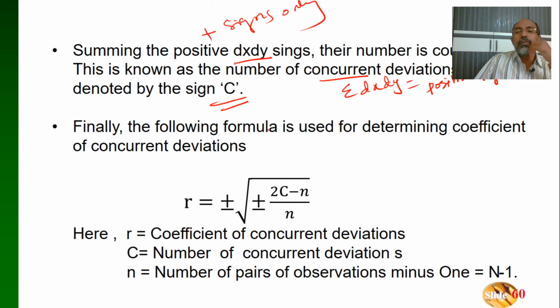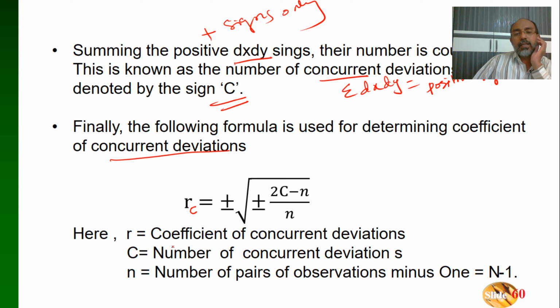Then we use the formula to find the coefficient of concurrent deviations, called RC. RC is equal to plus or minus the square root of plus or minus (2C minus N) divided by N. This is the formula for concurrent deviations.